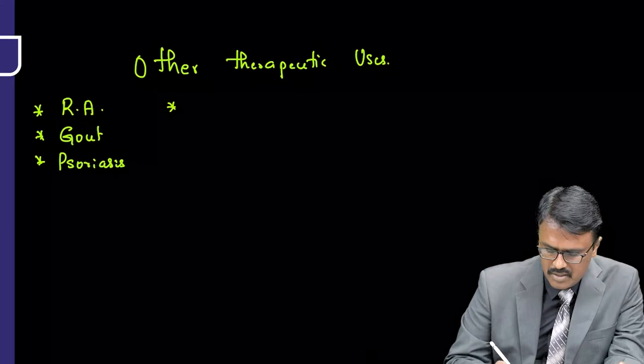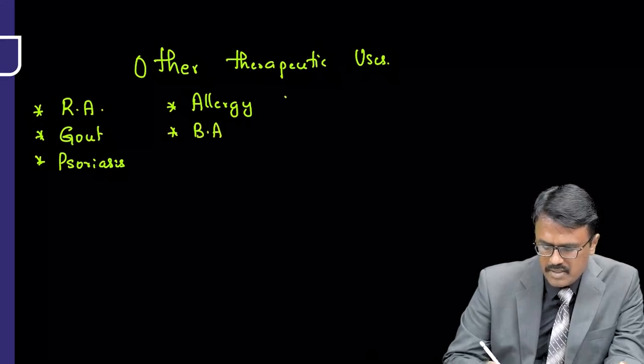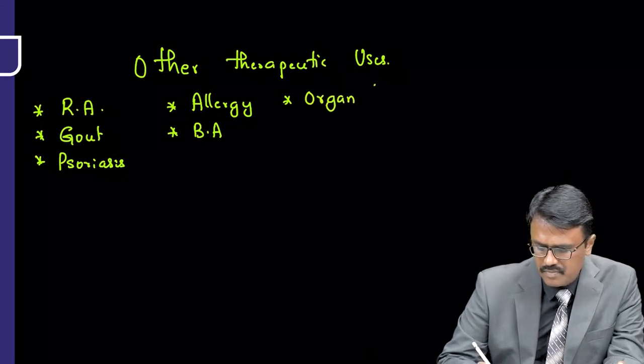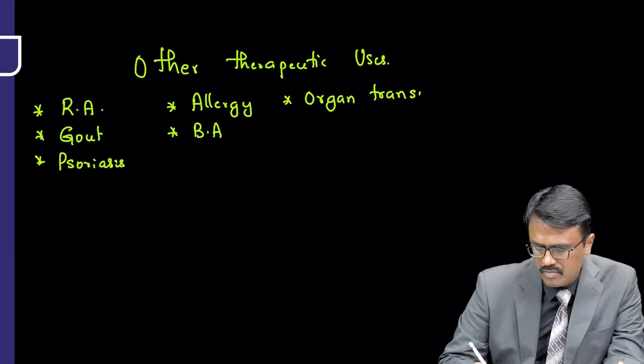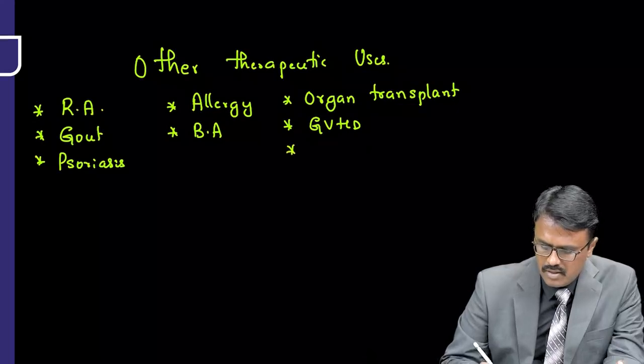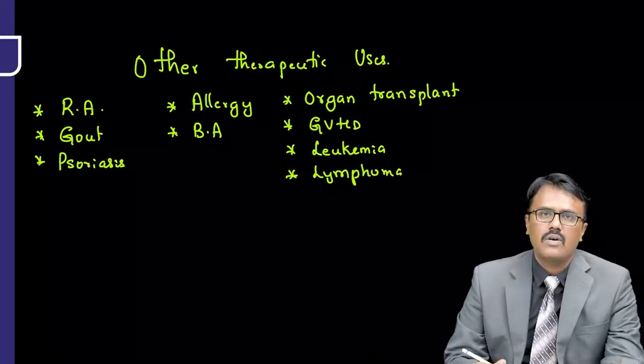So we use it in patients with allergy and asthma. They suppress the immunity, so we use it in organ transplant, in organ rejection, that is graft versus host disease, and also in leukemia and lymphoma conditions. Okay, so we have discussed all these things.